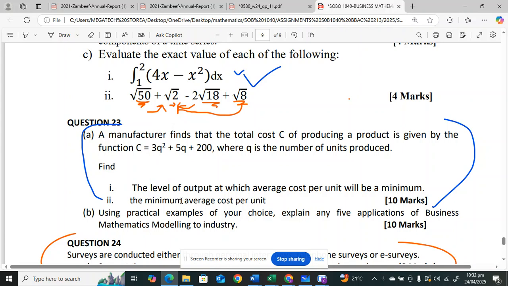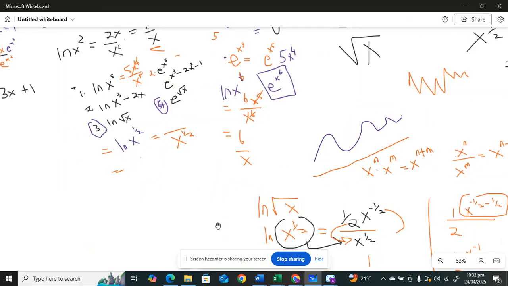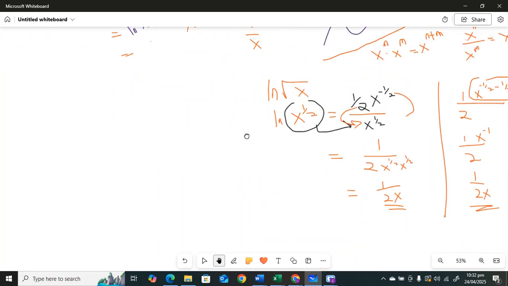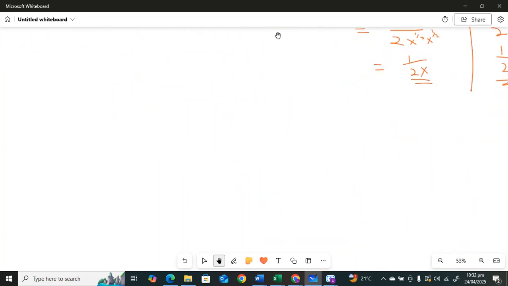Okay, so first things first, we need to know how to get our average cost per unit. So basically, the average cost is the cost of making just one unit, okay, colleagues?